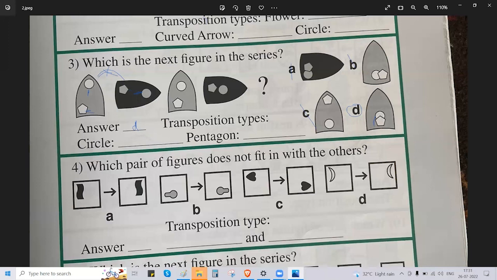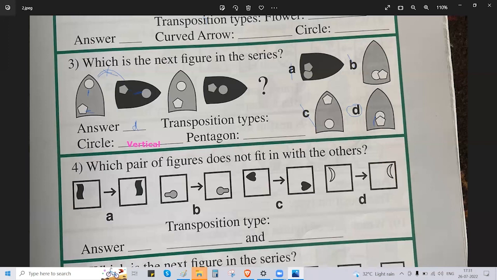Do you need any help, Elise? No, I think I know the answer. Is it vertical? Okay. And how about the pentagon? The pentagon. So, there.